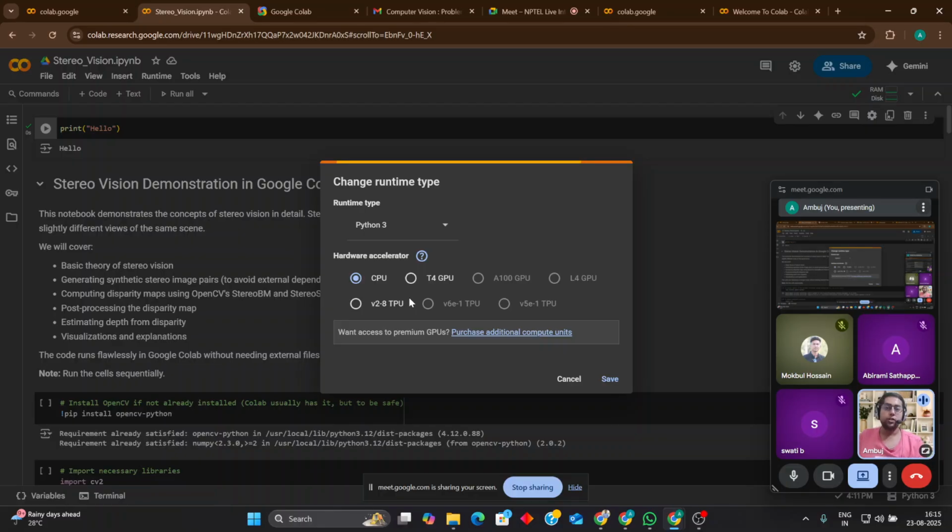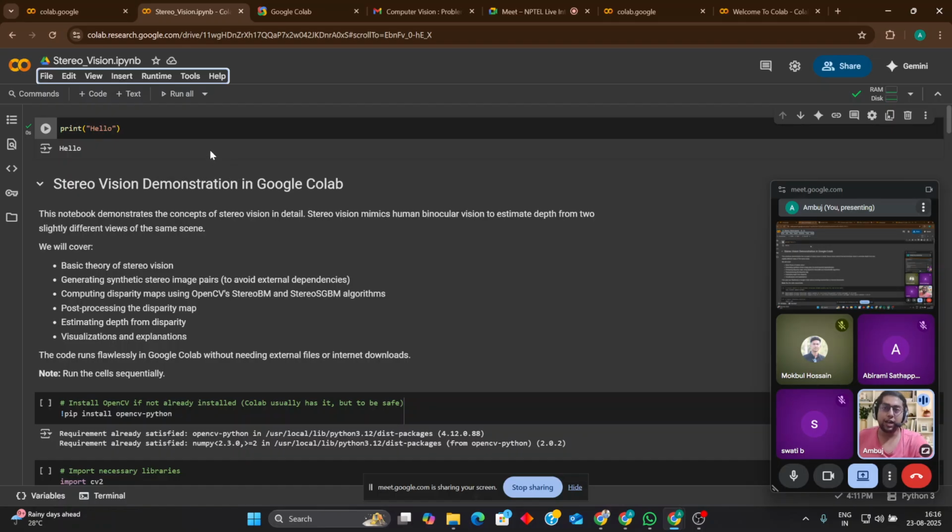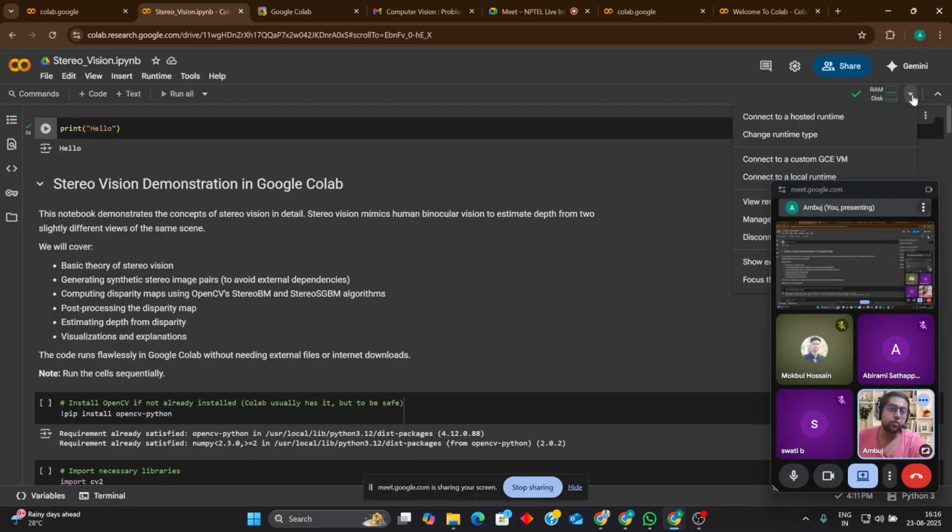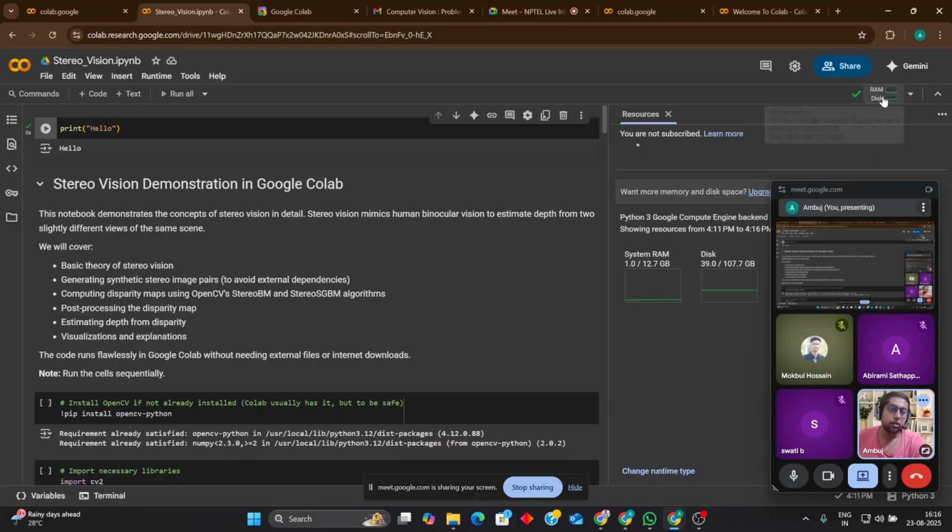Here you can change the runtime tab, then you can save. Since I have written this code, you can see here the runtime is connected.